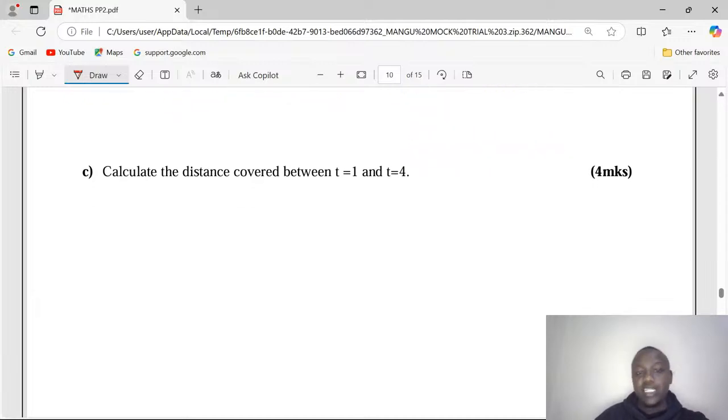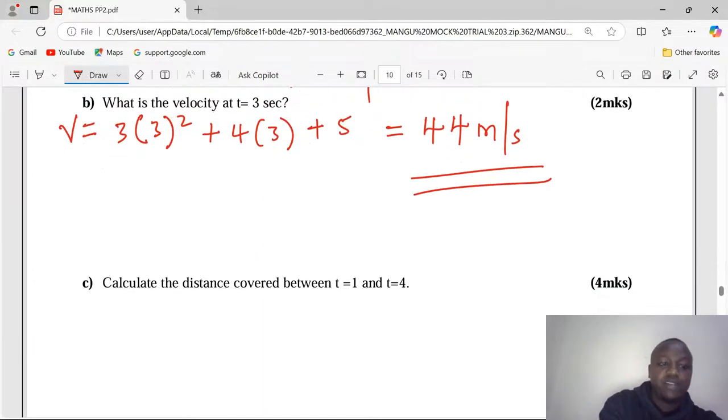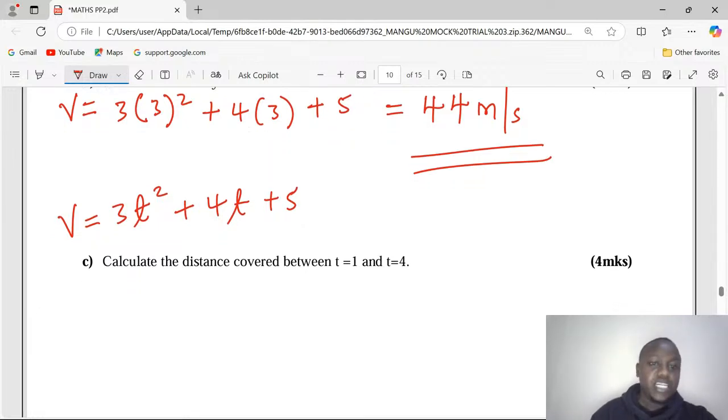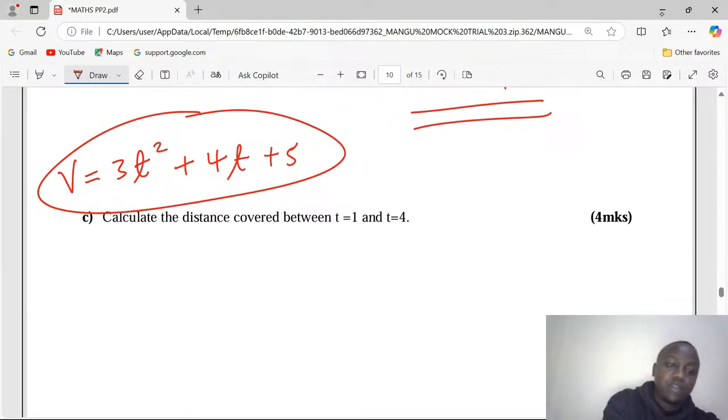Part C: calculate the distance covered between t equals 1 and t equals 4. For us to get distance, remember there is the velocity function, which equals 3t squared plus 4t plus 5. Now we are supposed to integrate velocity with respect to time for us to get displacement s.